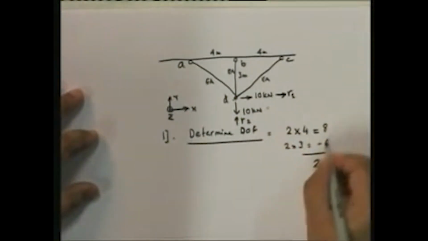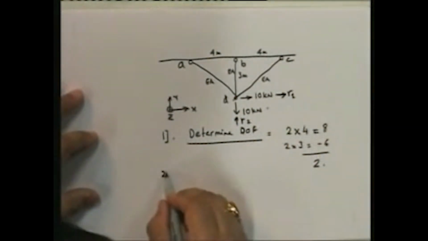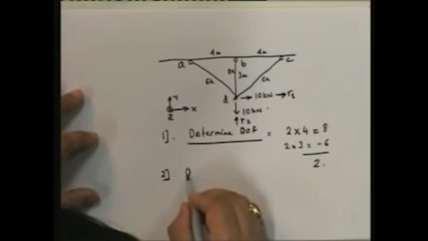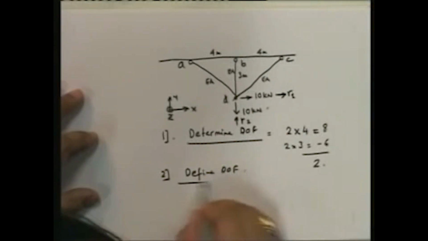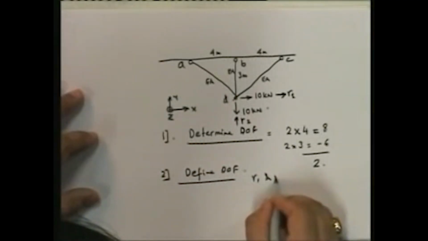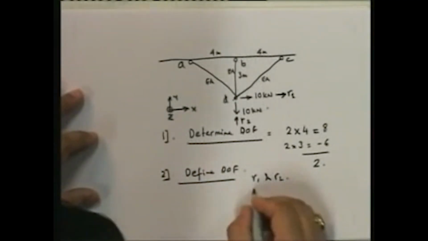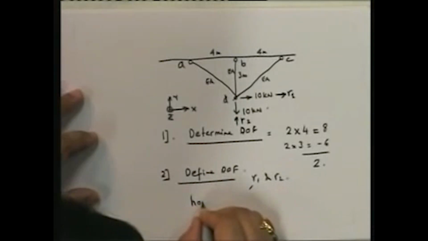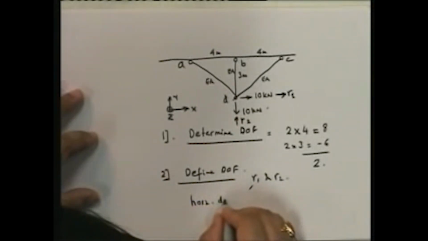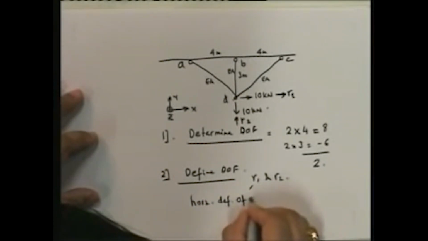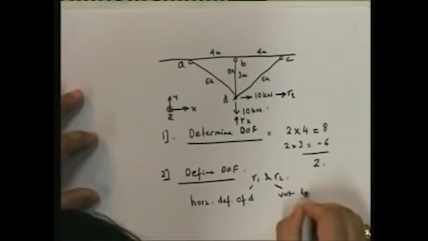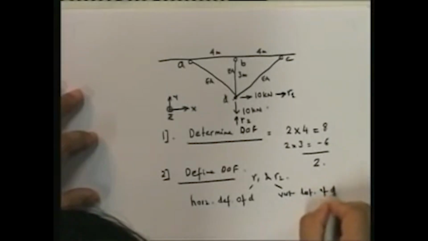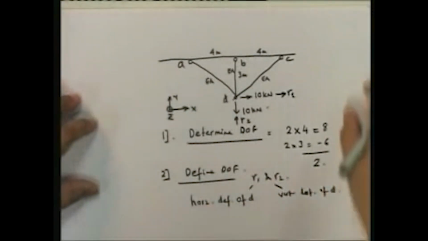So R1 and R2, these are my degrees of freedom. So we've defined the degrees of freedom: R1, the horizontal deflection of D, and R2, the vertical deflection of D.